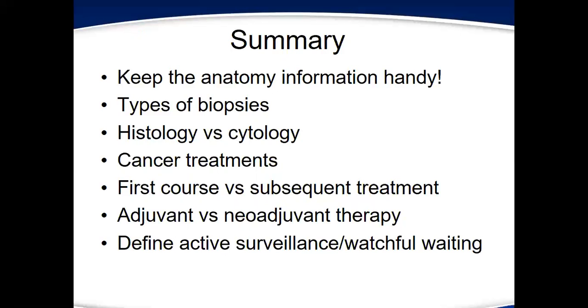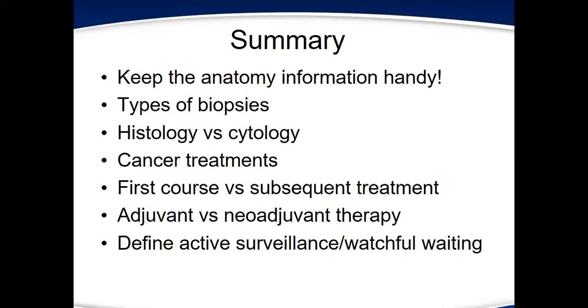Keep in mind what first course versus subsequent treatment is, okay? And then just know the difference between adjuvant versus neoadjuvant therapy. There are some sites where you can have neoadjuvant therapy, and it is sometimes the standard of care, all right?